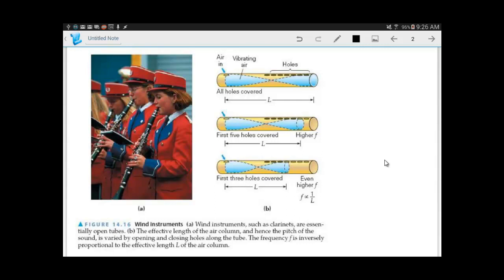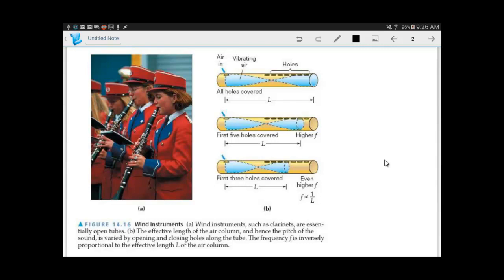How does that affect the pitch? Well, what you're doing is changing the amount of space that the air has to travel inside the instrument, right? So if you have more length, what's going to happen to the frequency? Lower. And why would it be lower? Because there are more waves in a bigger space. It's got more space to travel through, right?